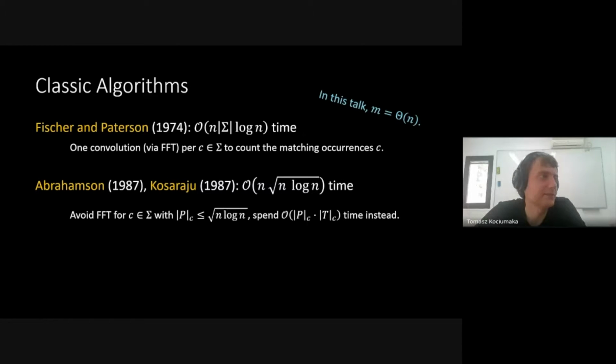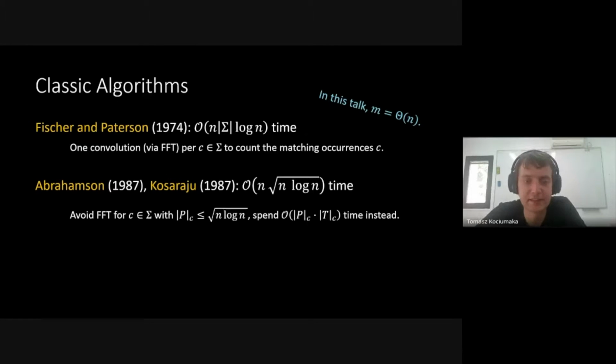So the first improvement for this algorithm was from the 1980s by Abrahamson and Kosaraju, who independently observed that characters which are infrequent in the pattern can be handled much more efficiently if we count the matching occurrences more naively.